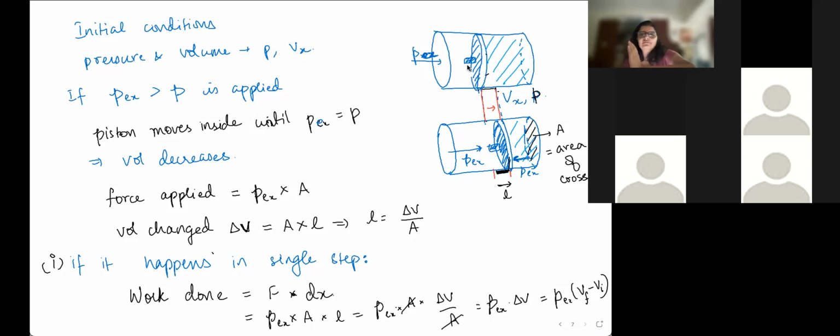When I move this in this direction, keeping the temperature constant, there is reduction in volume. Boyle's law: volume decreases, pressure increases. It's going to increase until both pressures become equal, at which time it stops moving. So we are calculating work till the time the pressures are equalized, because uske baad there is no more motion.